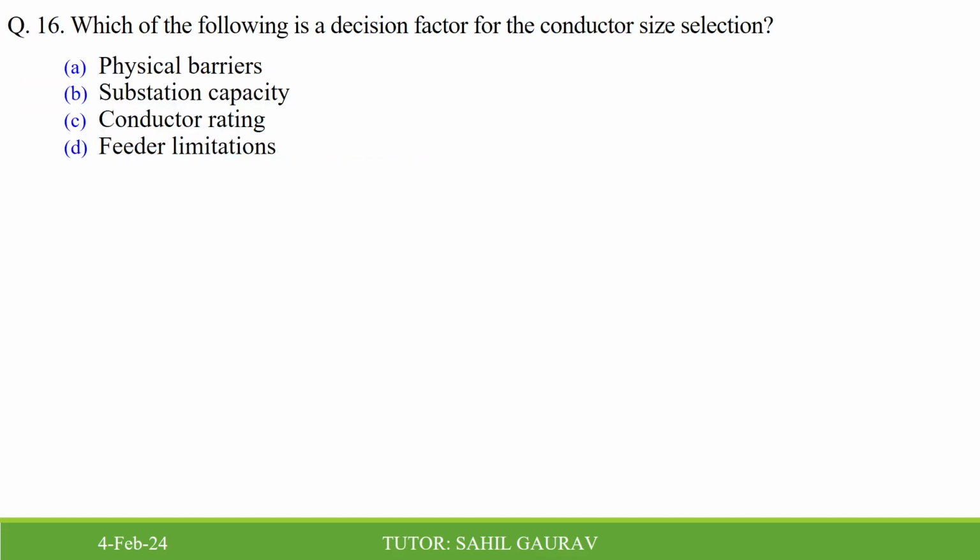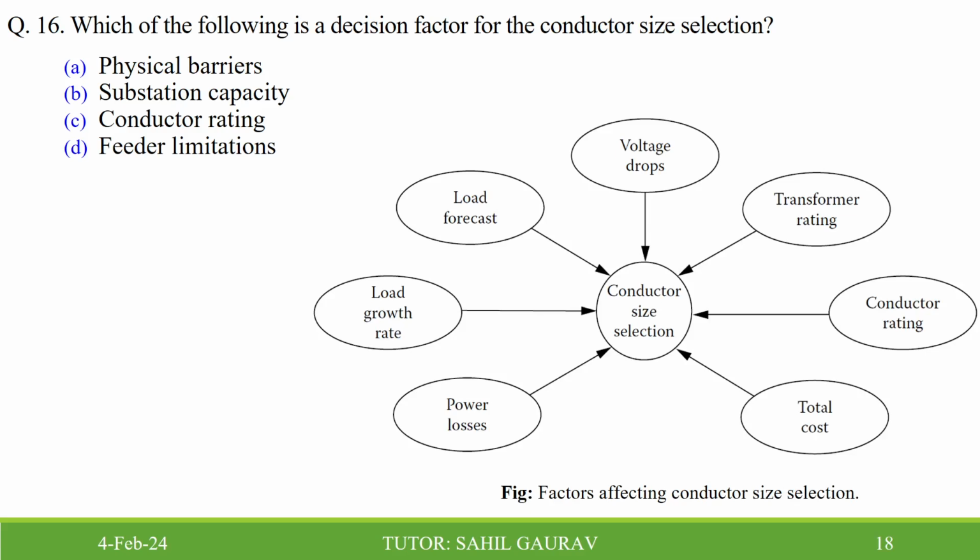Now the next problem, question number 16. Which of the following is a decision factor for the conductor size selection? The options are physical barriers, substation capacity, conductor rating, and D is feeder limitation. So when we are selecting a conductor, what should be the decision factor? Let me provide some notes for this problem, picked from the slide.